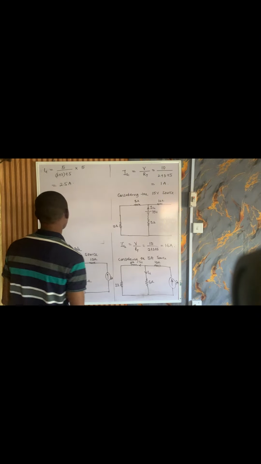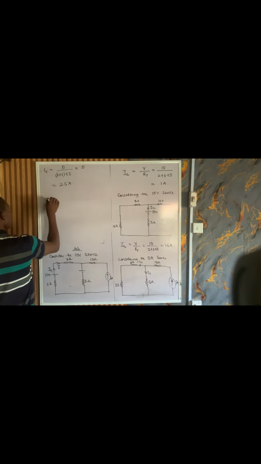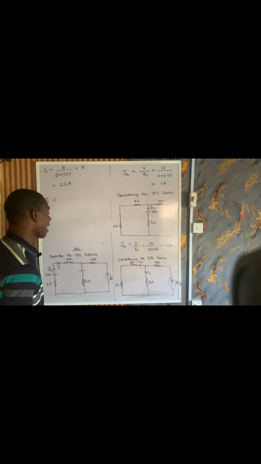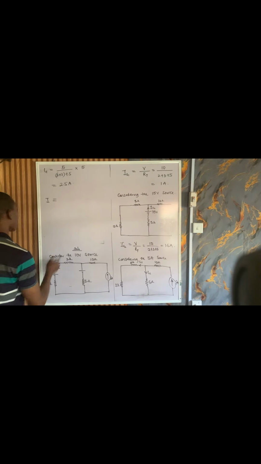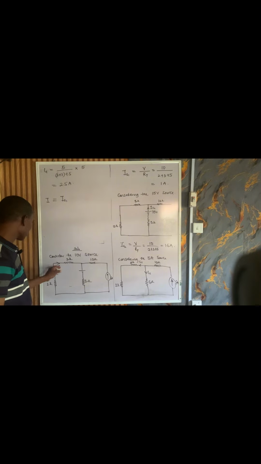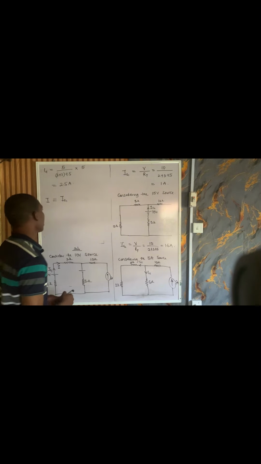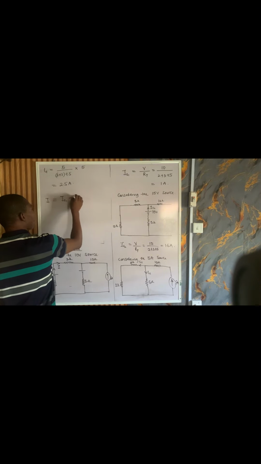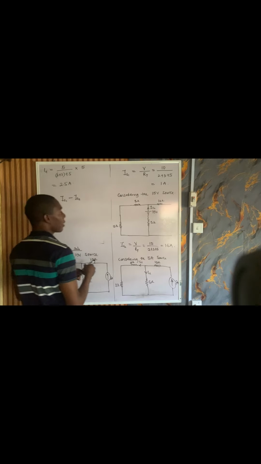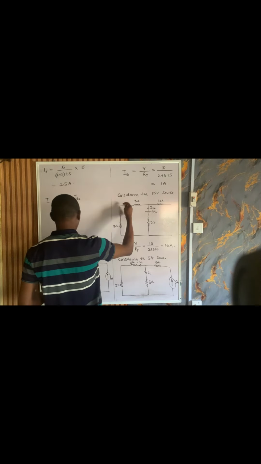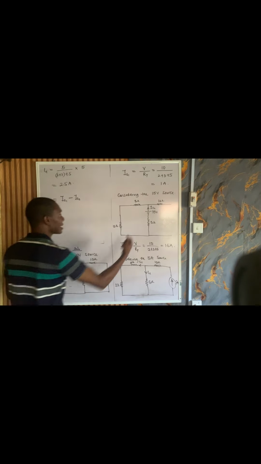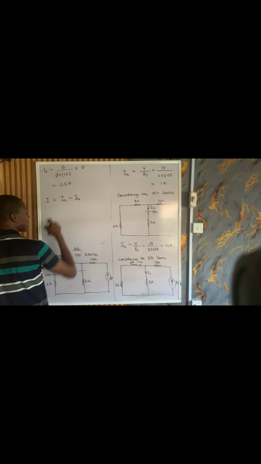So next, this I will be equal to I source 1. Why? Because I source 1 flows in the same direction as this I. Then it is minus I source 2. Why? Because I source 2 flows in the opposite direction to this I. That's why it's negative.